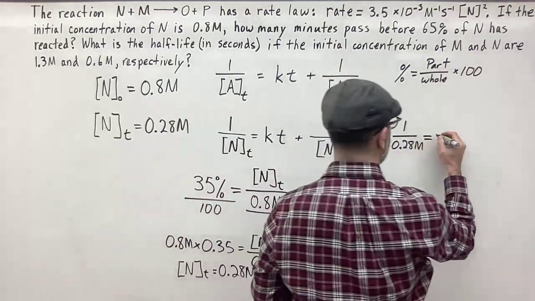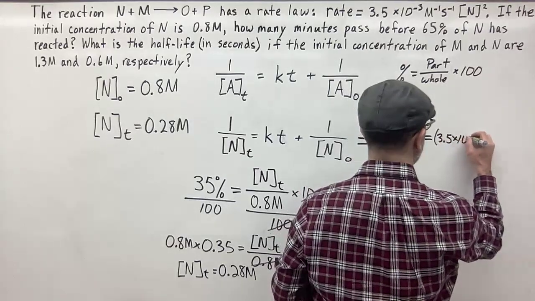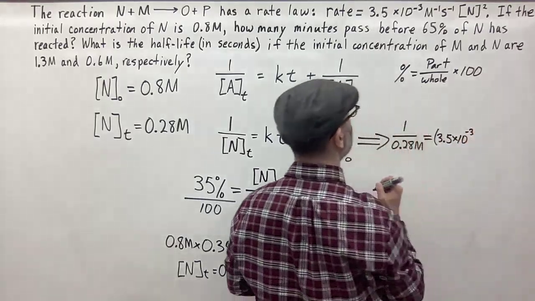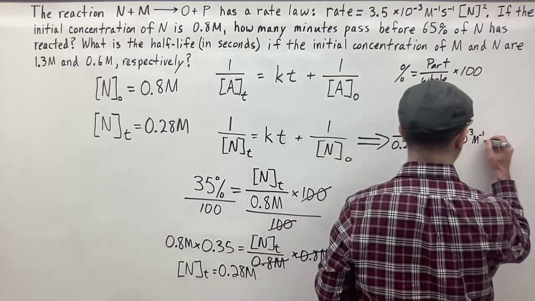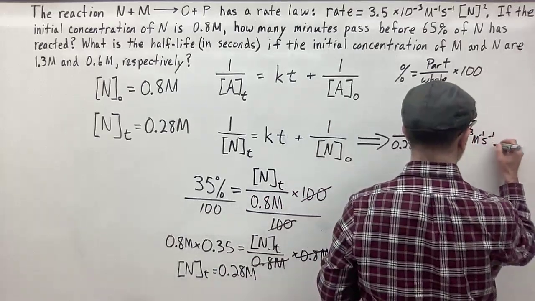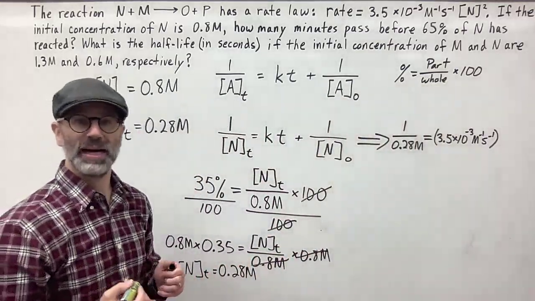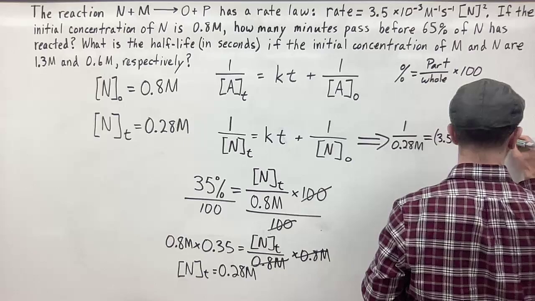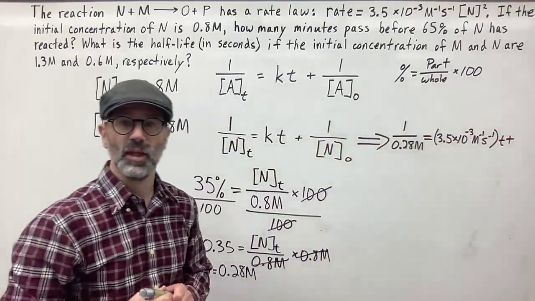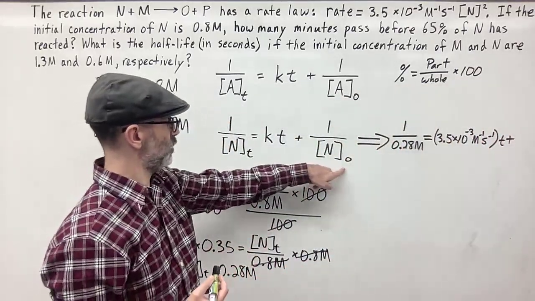So that's going to be 3.5 times 10 to the negative 3 per molar per second, multiplied by t, plus 1 over the initial concentration.